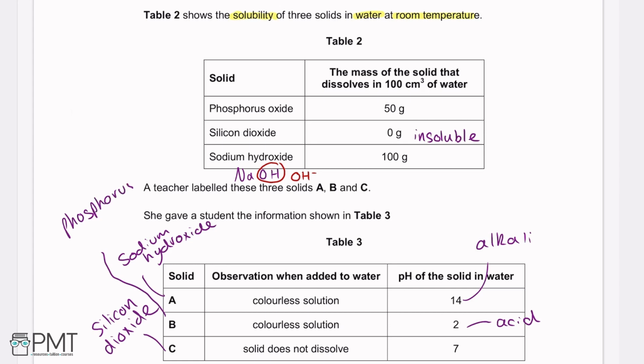So what we've done there is we've used our understanding of pH and our understanding of solubility to figure out which solid, A, B and C, is phosphorus oxide, silicon dioxide and sodium hydroxide.